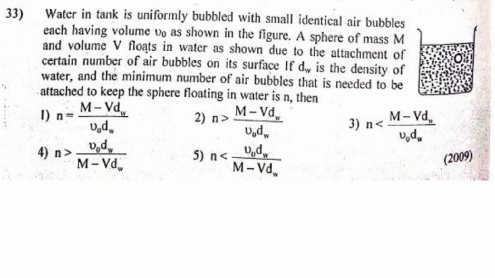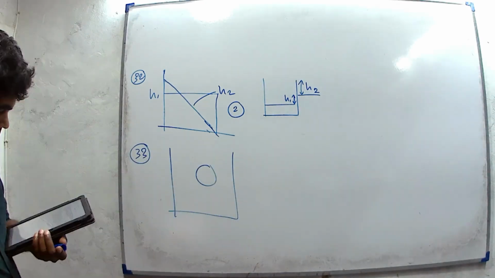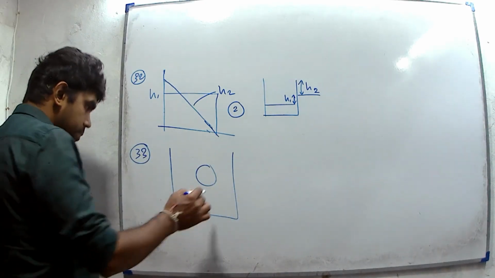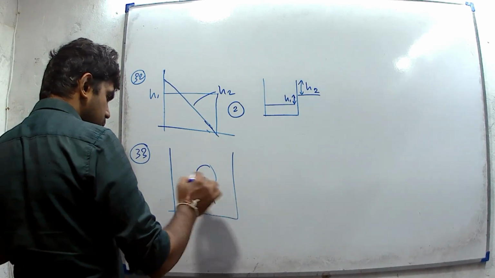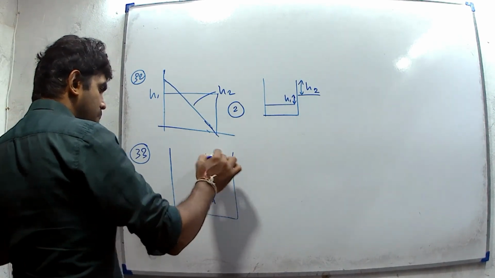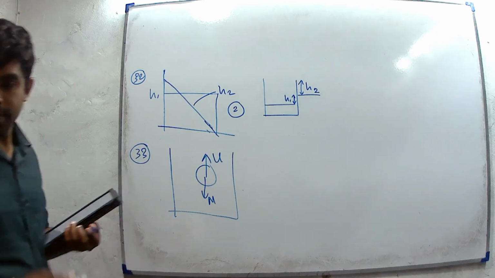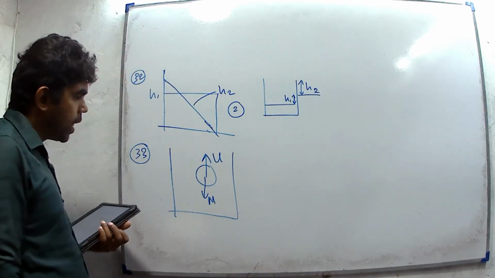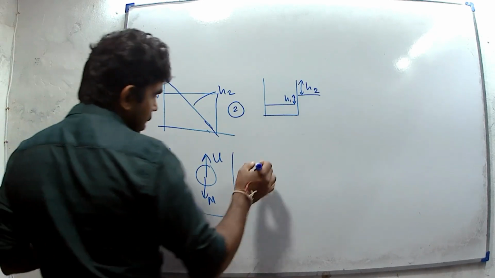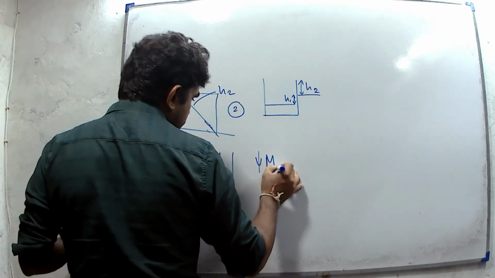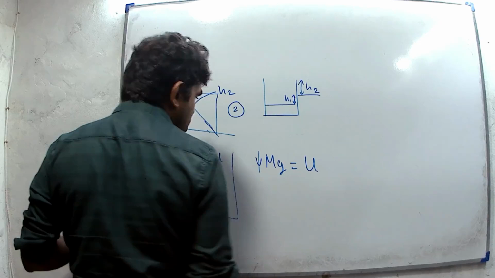If dW is the density of water and the minimum number of air bubbles that need to be attached to keep the sphere floating in water is N, then we have to get the N value. This is the sphere, its mass capital M. For floating, weight should be equal to upthrust.